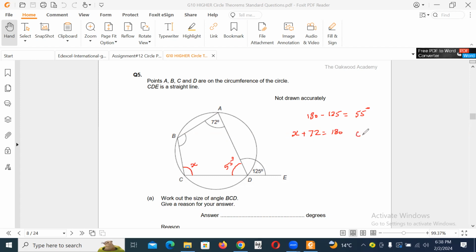The reason is you can apply the cyclic quadrilateral property. So x is equal to 180 minus 72, which gives us 108. I hope it is clear. So this answer is 108. We move on next.